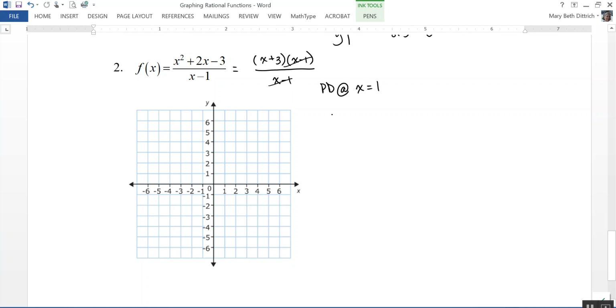Then what I'm left with is the function f of x equals x plus 3. Or if that's a little confusing, that's basically just the line y equals x plus 3. So let's go ahead and graph that. So I have a y-intercept of 3.